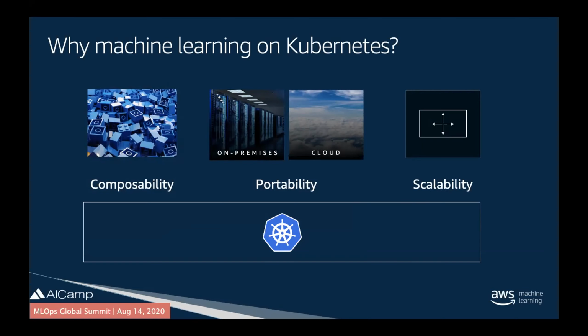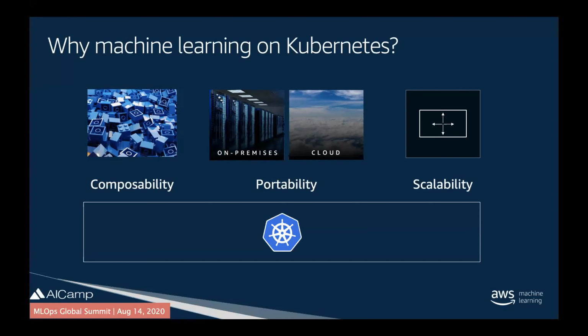Many people also call Kubernetes the operating system for containers. It's basically helping you to run containers at scale. So it tackles a lot of the problems of scheduling and managing your containers. On top of that, Kubernetes gives us a couple of really important characteristics, and you see them here.